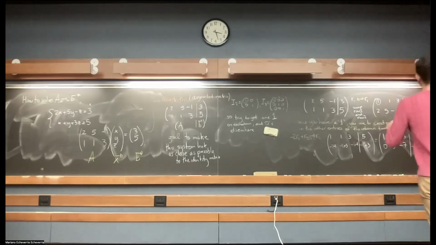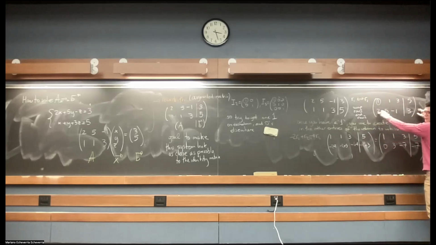For example, if I want to go from here to the one I started with, just take the first row and add 2 times it to the second row. Because you get 2 plus 0, which is 2, then 2 plus 3, which is 5, and then 2 times 3 is 6, so 6 minus 7 is -1. And then 2 times 5 is 10, 10 minus 7 is 3.